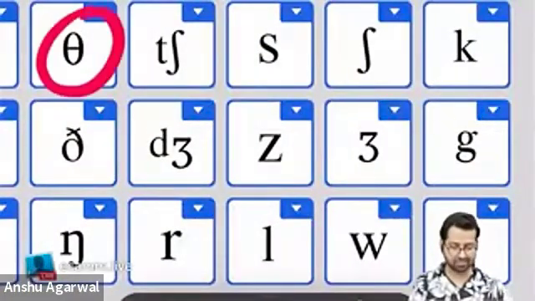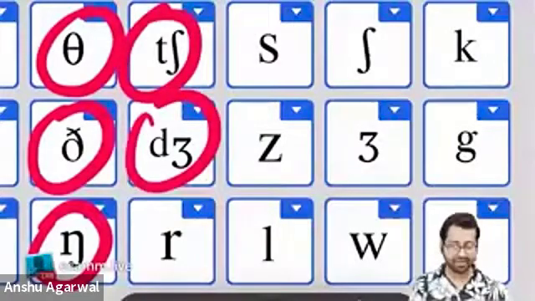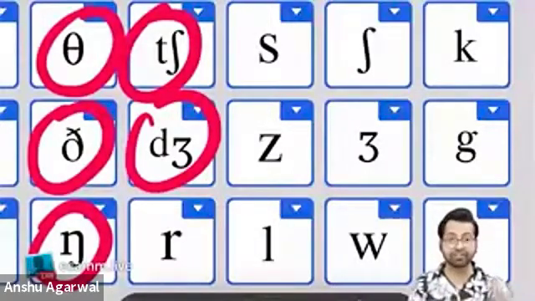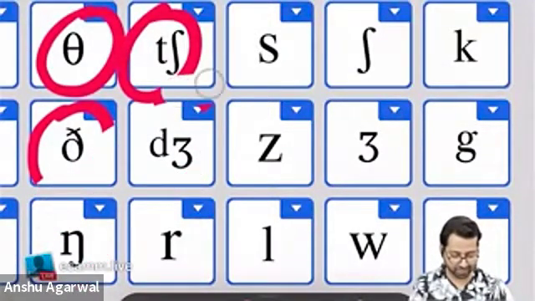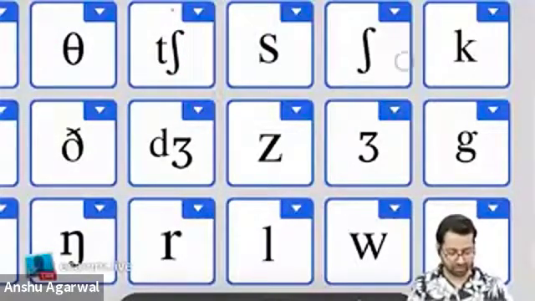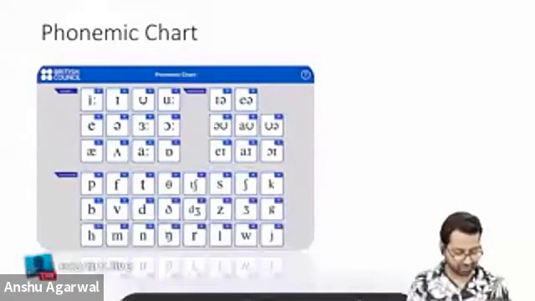For example, this looks like a theta from your physics class, and this is something else, I forgot the name of it, and this one, and this one, right? But when it comes to English, it has a very specific and different meaning. This has nothing to do with physics or mathematics. We'll get into the details in a moment. So this is the focus of today's session, and let's begin with vowels.